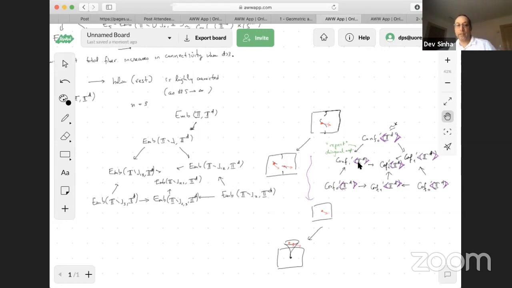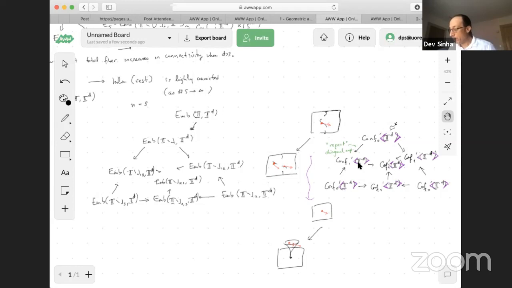So this is a funny thing we can do with these compactified configuration spaces. We have diagonals, and those diagonals are what come up, at least up to homotopy, in the left-hand diagram. Now I've got a well-defined right-hand diagram.